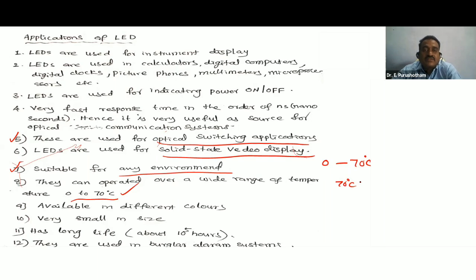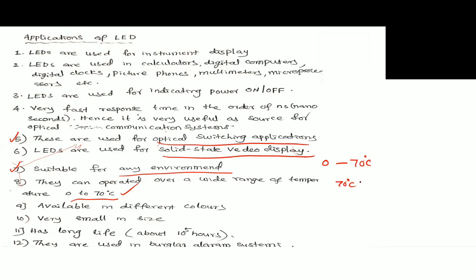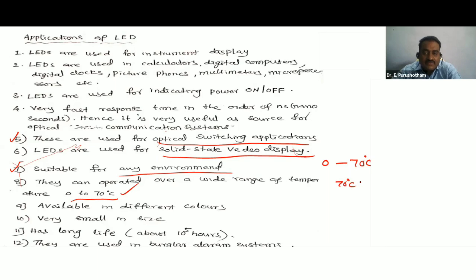Some person is disturbing, mute yourself. So they can operate over a wide range of temperature, 0 to 70 degrees centigrade. What I am saying, they can operate over a wide range of 0 to 70 degrees centigrade.